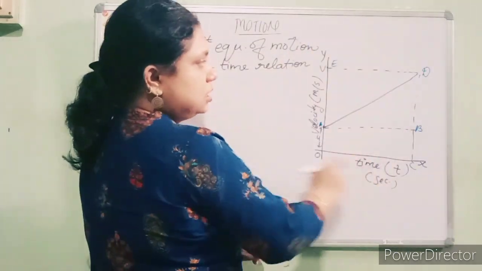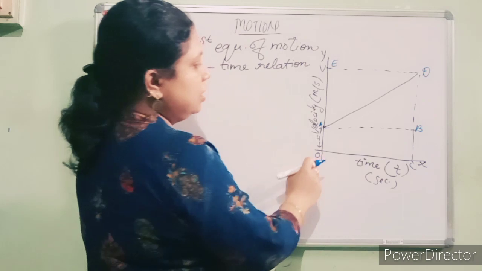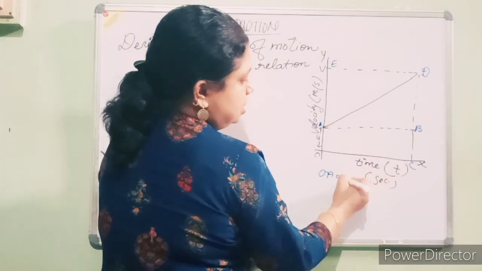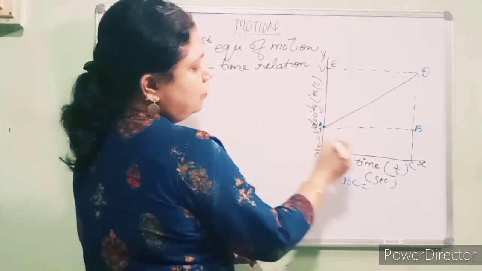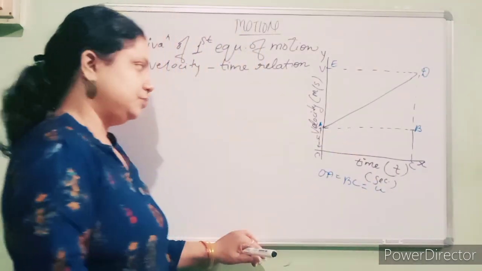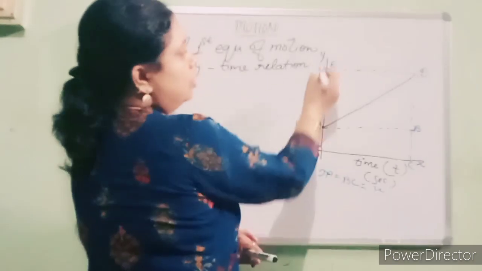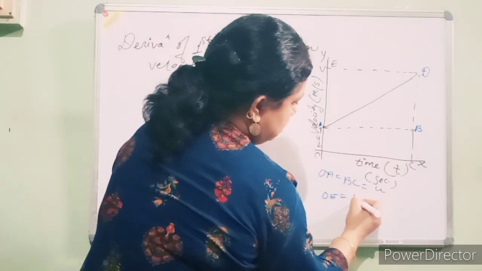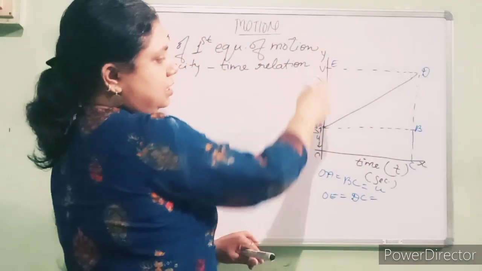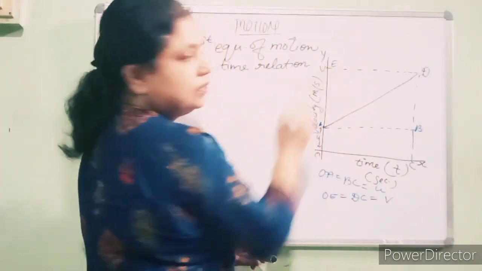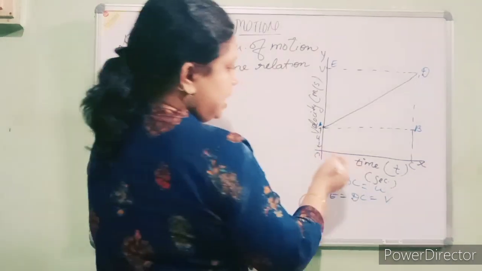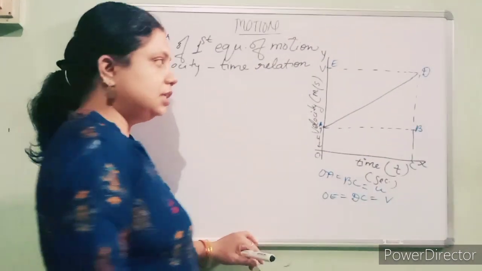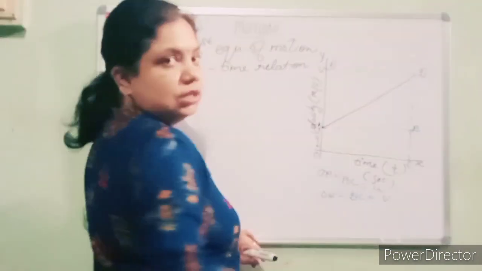Now in this graph students, you observe that OA is equal to BC, and the value of OA is u. The value of OE is equal to DC, and it is v. This is the final velocity. And OC is equal to AB. This one is u, this one is v.